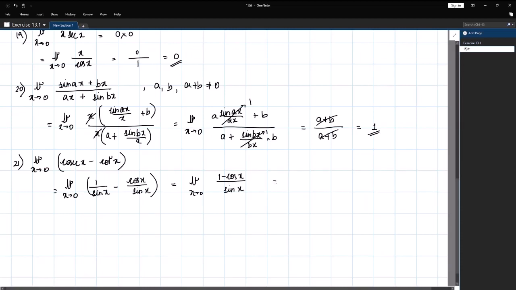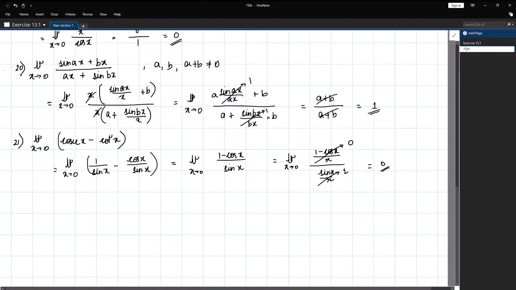Now if we divide numerator and denominator by x, we'll have limit x tends to 0 of ((1 minus cos x) divided by x) all divided by (sin x by x). So the denominator will be equal to 1 and the numerator will be equal to 0. Therefore the limit will be equal to 0.